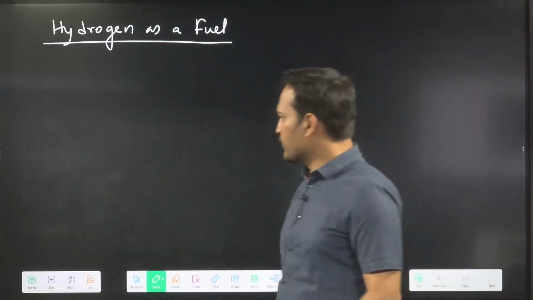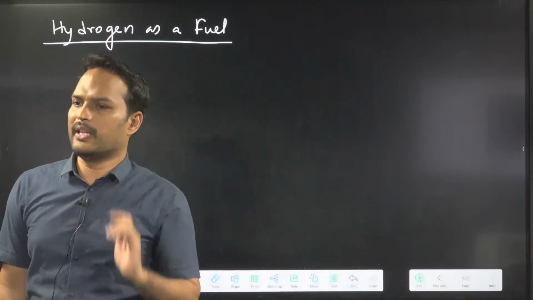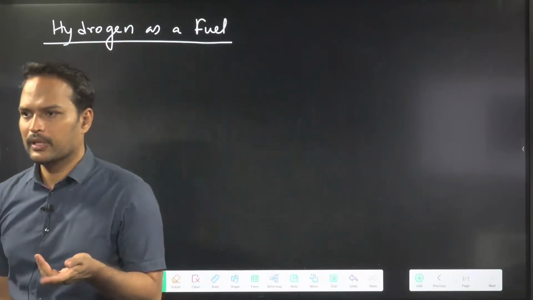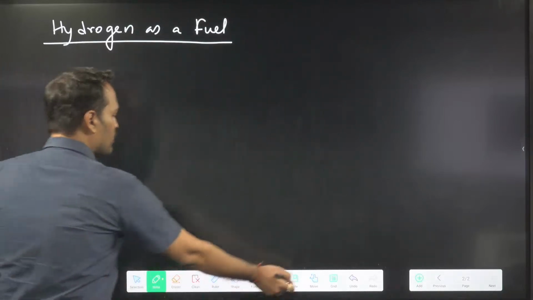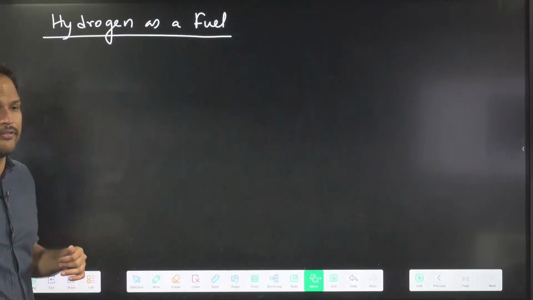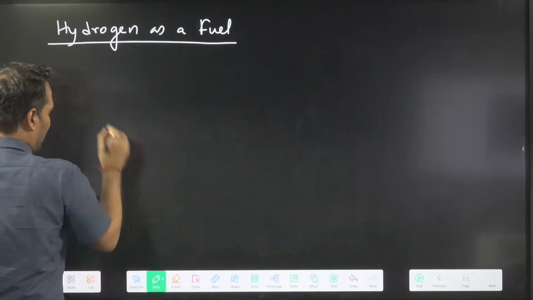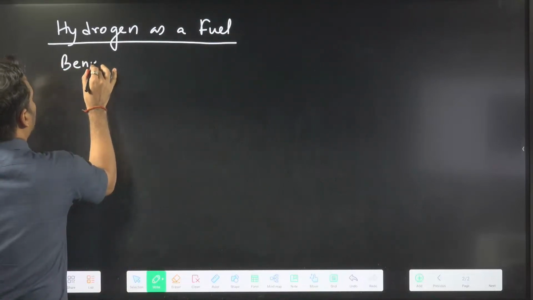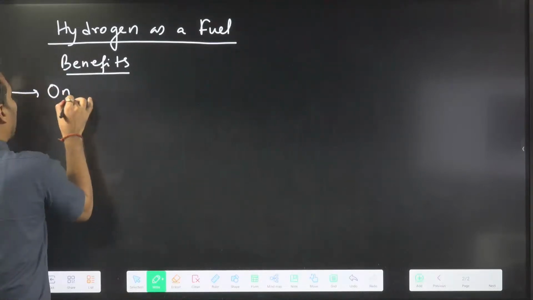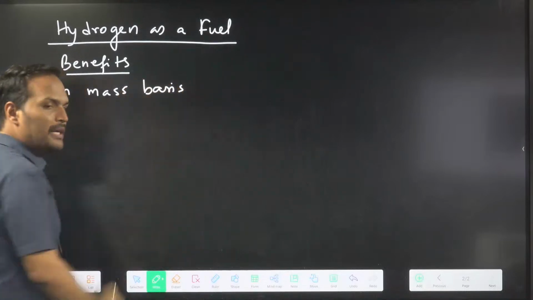So hydrogen as a fuel. In this, mainly we will write 2-3 merits and then 2-3 demerits. Suppose you are saying hydrogen as a fuel, so what is the benefit? First we can talk about the benefits.